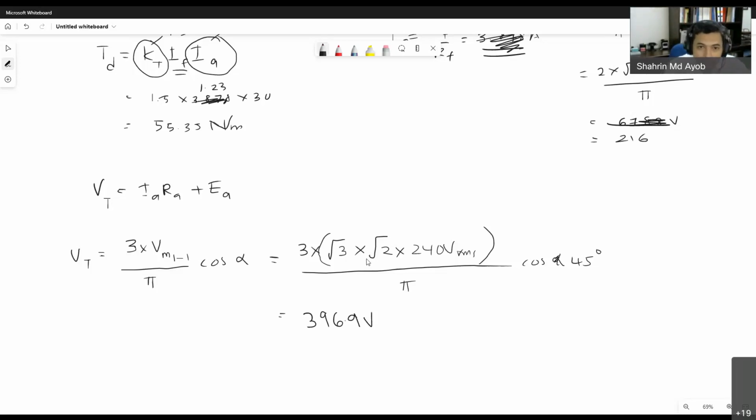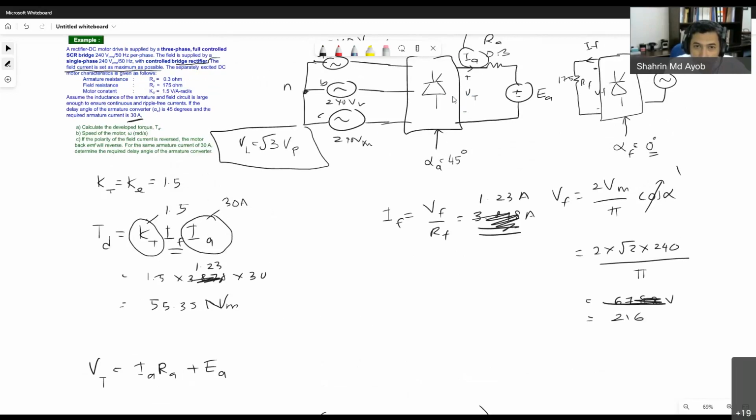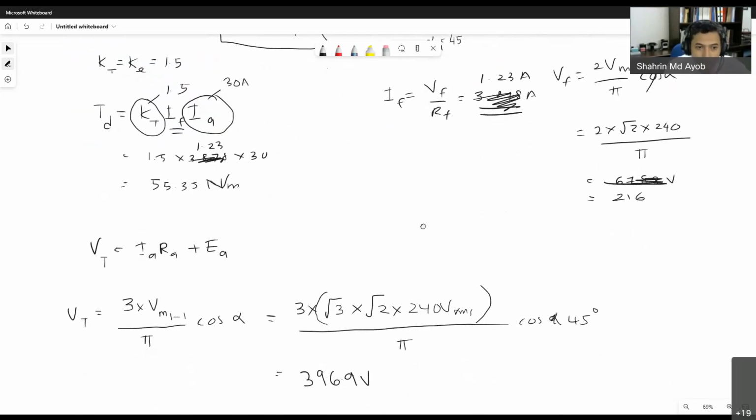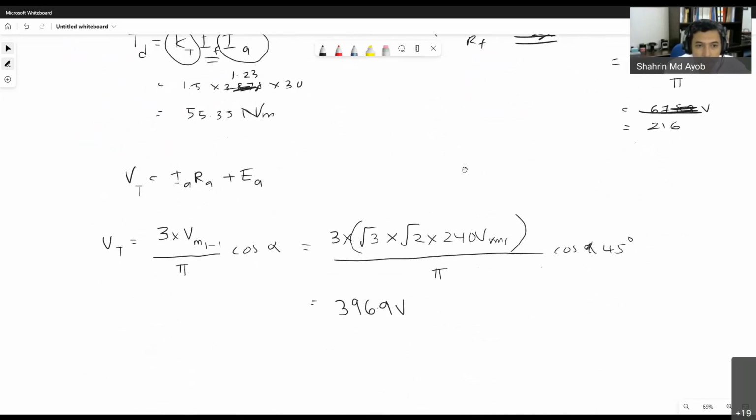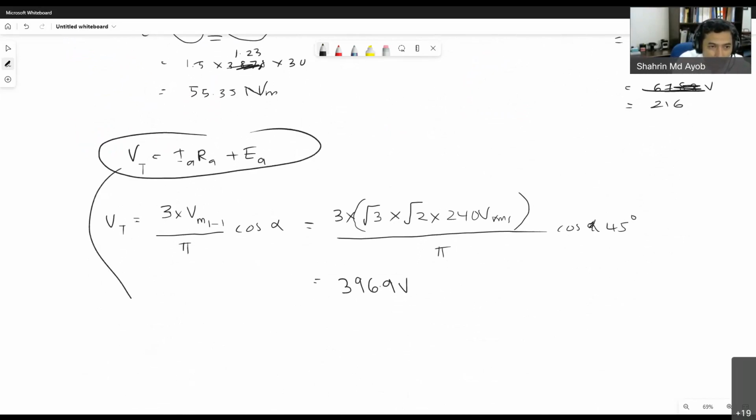Okay. So what is meant by that is actually this one. The Vt here, the voltage output of the three-phase rectifier, is 396.9. So, and then you substitute here. So I get my value 396.9. My IA is 30 amperes, multiplied with my RA.